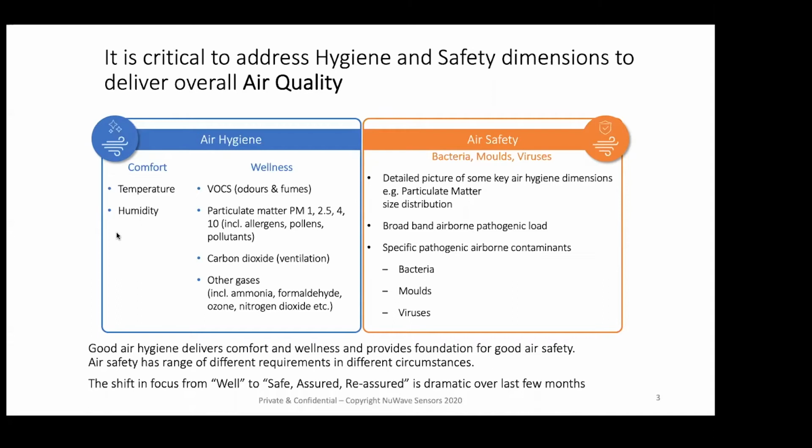It could be bacteria, mold, or virus. So there are several requirements, and what I'm trying to say is that one tool doesn't do all the jobs. You need to know your context and what you're trying to protect.